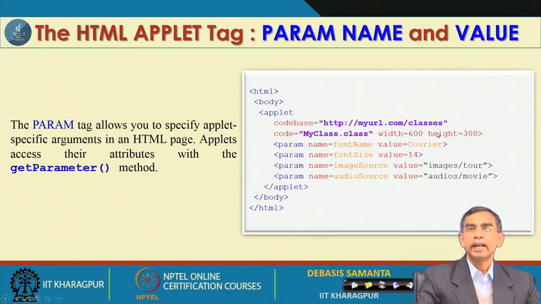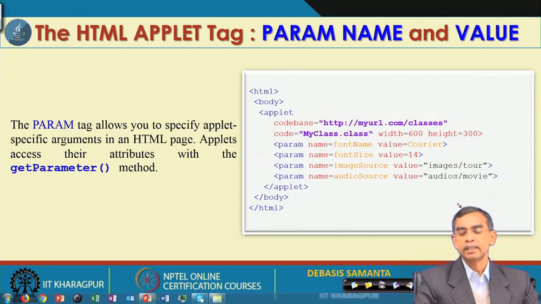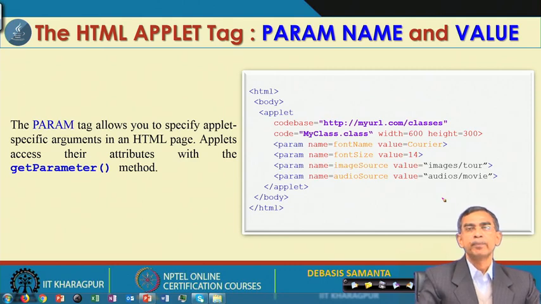Param is another important parameter tag, extensively used to specify the input to an applet. As you know, an applet cannot take direct input from the browser machine or from a distant machine. So, if you want to pass any input to your applet, then the parameter names must be mentioned in the HTML page.